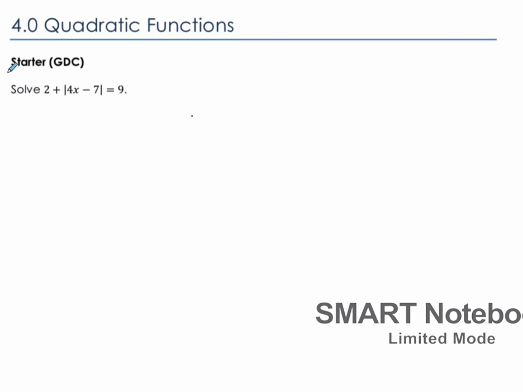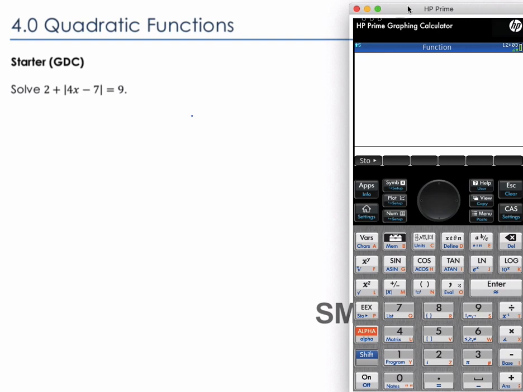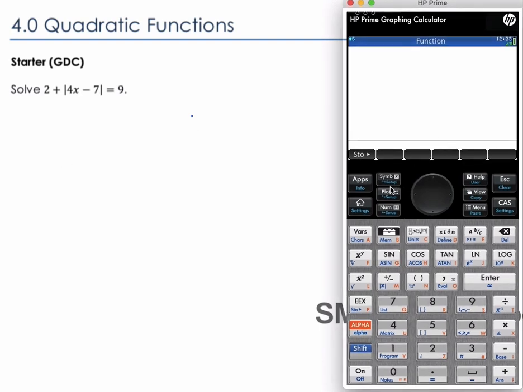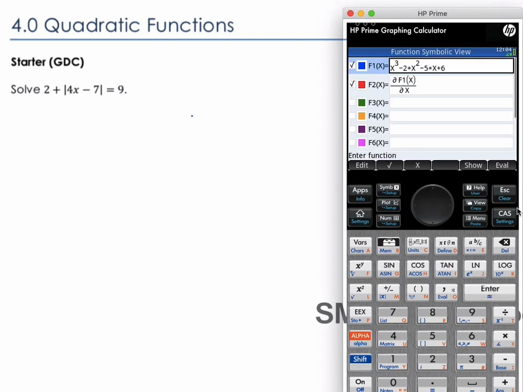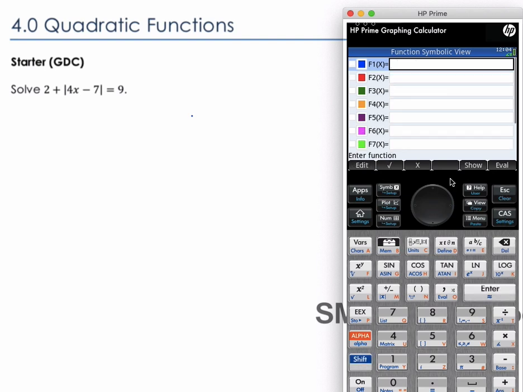Okay, so we're going to first have to type this into our calculator. On the HP Prime, when you want to graph something, you go to Apps, then Function, and I'll clear these by going Shift, Clear, and pressing Enter, which clears everything. So I'm going to type that in: 2 plus, and then we need the absolute value.